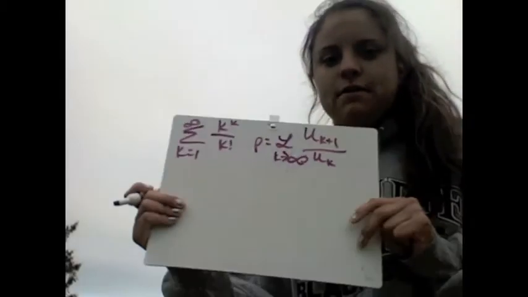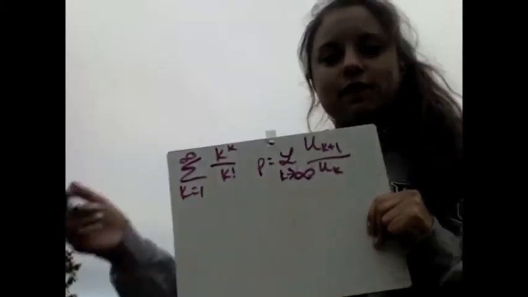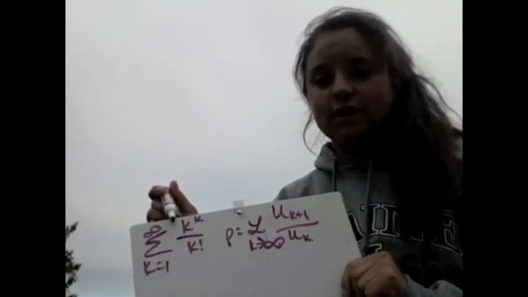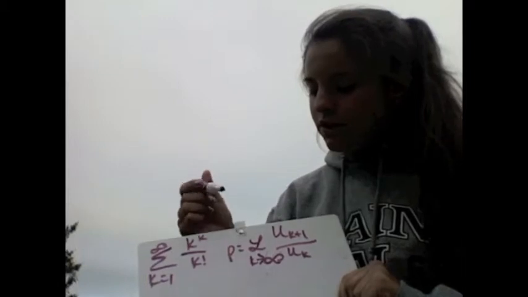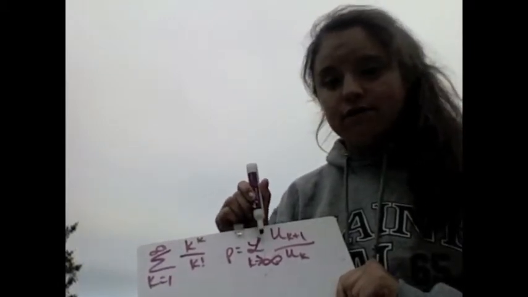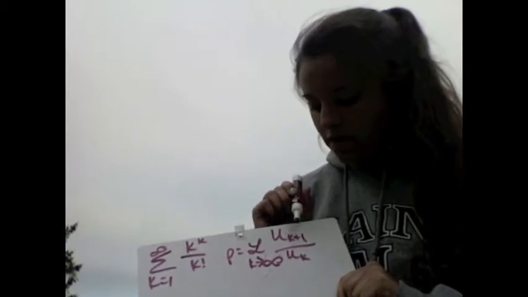So our first example is k to the k over k factorial. And since we're using the ratio test, we know that rho equals the limit as k approaches infinity of u of k plus 1 all over u of k. So first, we take the limit.